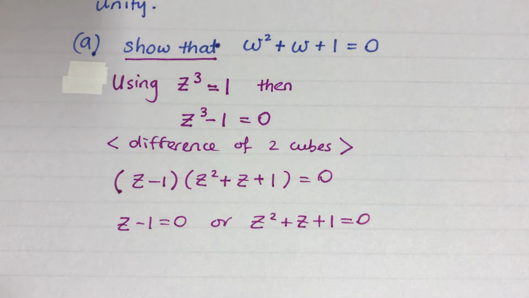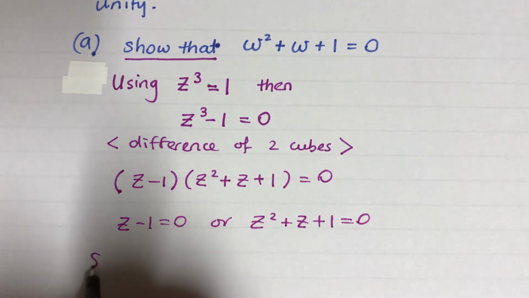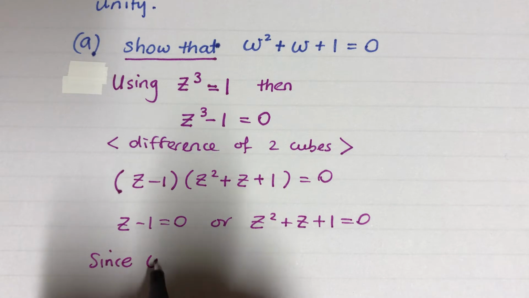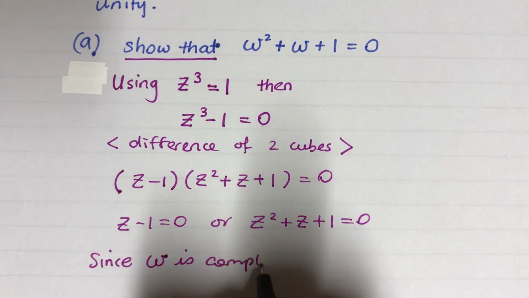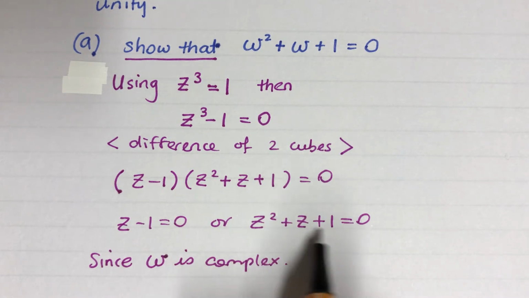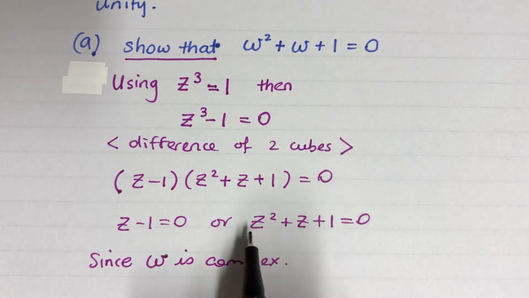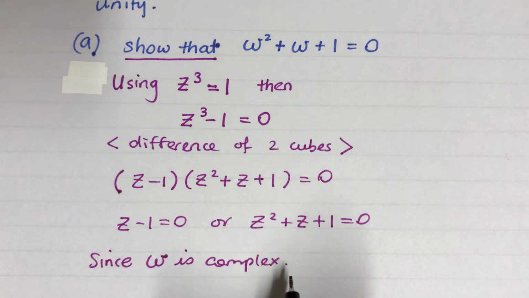Since omega is complex, as you can see, we can't factorize this straight away, and it's going to be complex. Why?